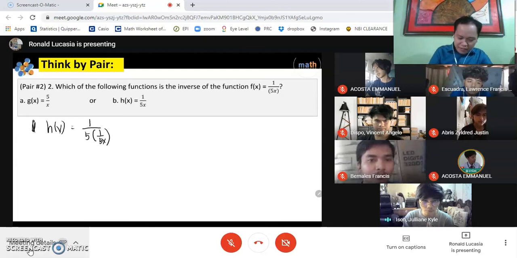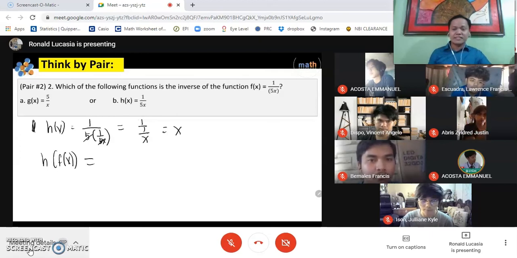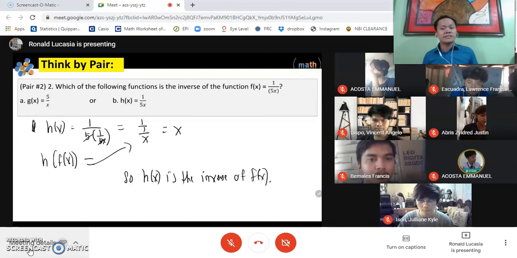So we will cancel 5, and then the 1 over 1 over x will remain, and if we simplify it, it will be x. Very good. So you are evaluating h of f of x. Okay, so h of x is the inverse of f of x. Very good.